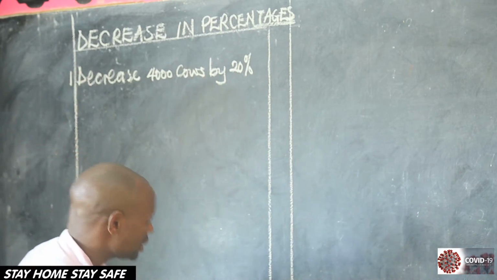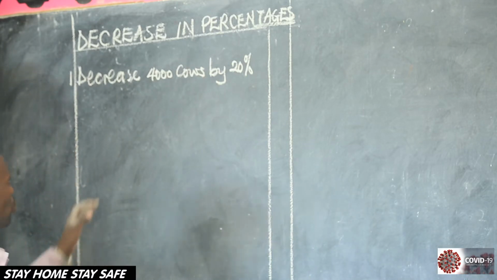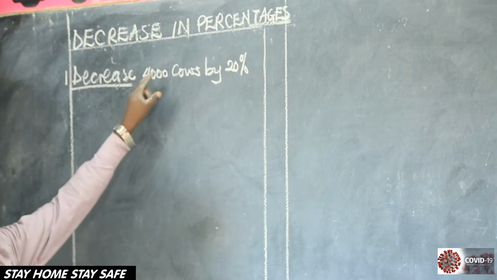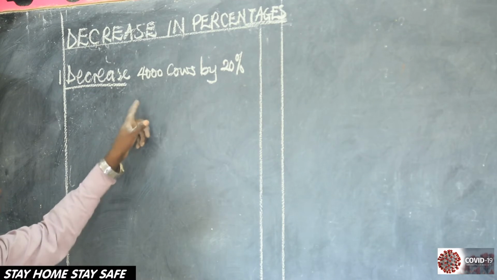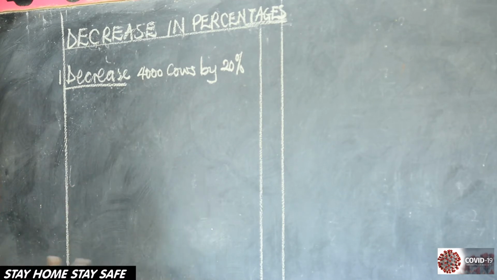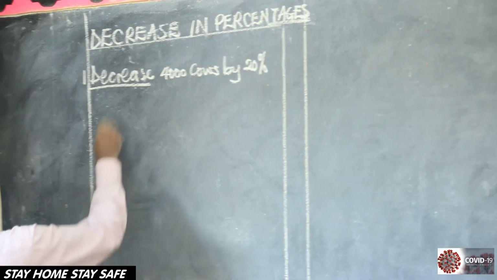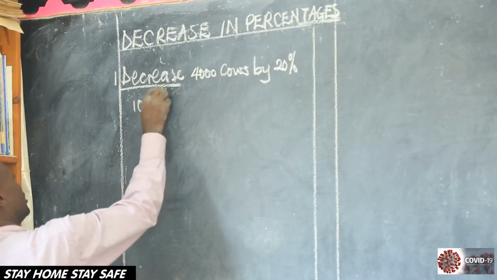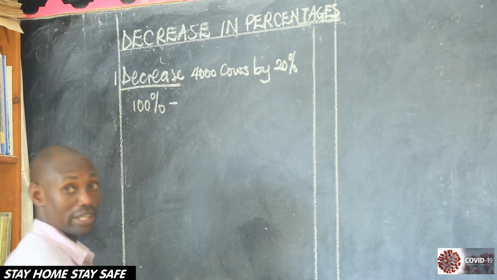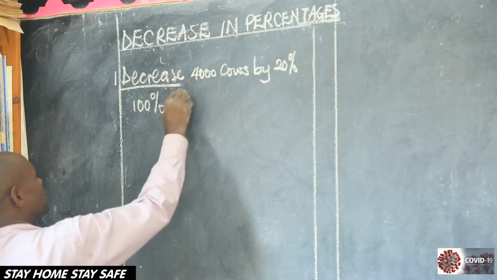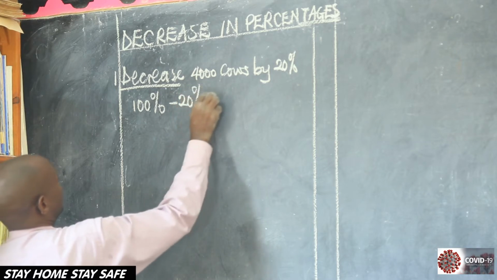By 20%. So when I talk about decrease, it means you are going to reduce this number. And when I talk about reducing, it means you are making that number smaller. So what do we do? We get 100%. We take away the percentage which has been given, and the percentage which has been given is 20%.